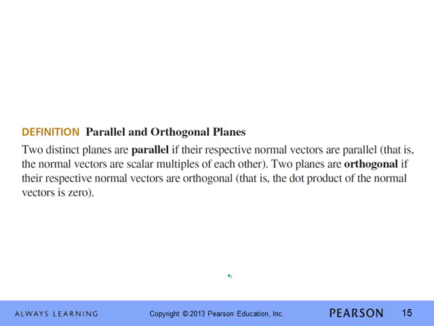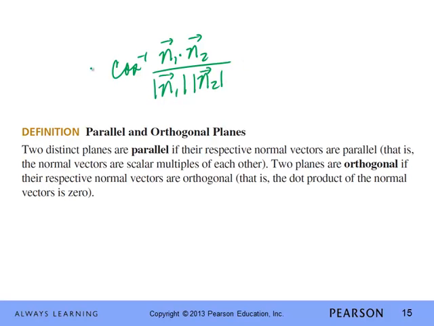Otherwise, if you want to find the angle that they cross each other, all you really have to do is take the arc cosine of the dot product of the two normal vectors, which we know how to do. That'll give you the angle at which those two planes intersect each other.